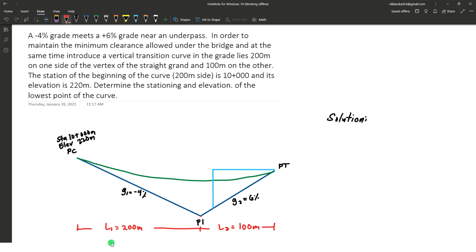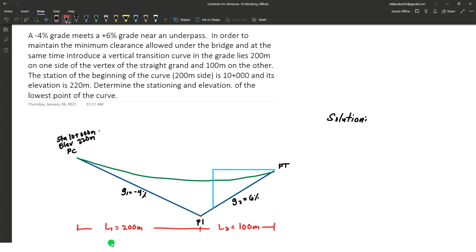Then the given stationing is 10 plus 000 and elevation of 220 meters at PC. Determine the stationing and elevation of the lowest point of the curve.